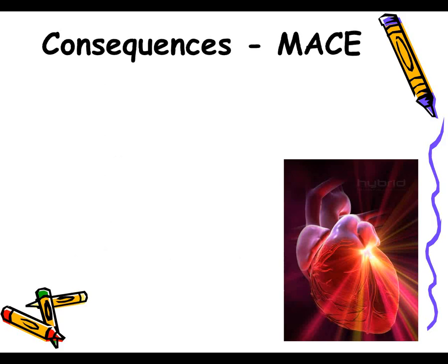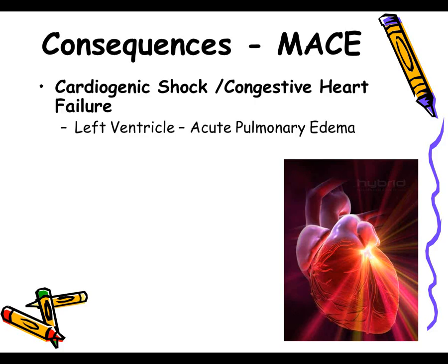Because the consequences of an acute coronary syndrome will lead to what the American Heart Association calls MACE, a major adverse coronary event. And the MACE could include cardiogenic shock or congestive failure when that left side of the heart, the major pump of the heart, fails, which would lead to acute pulmonary edema.